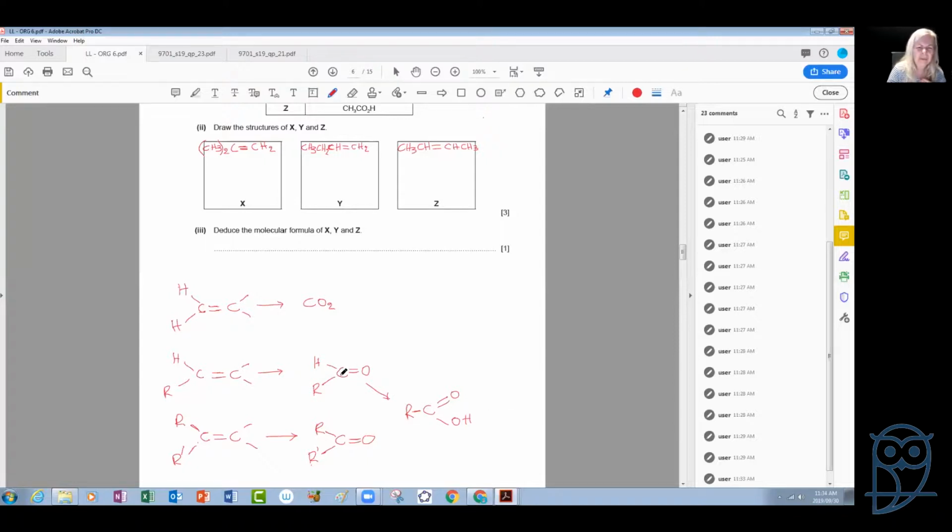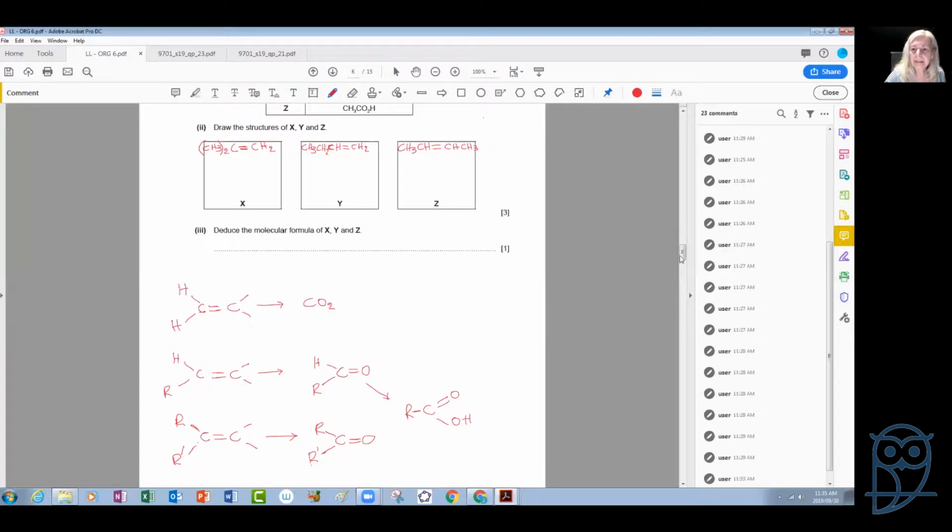First it is an aldehyde, but this is further oxidized and produces a carboxylic acid. And if both of the constituents connected to this carbon are alkyl groups, then the product will be a ketone.